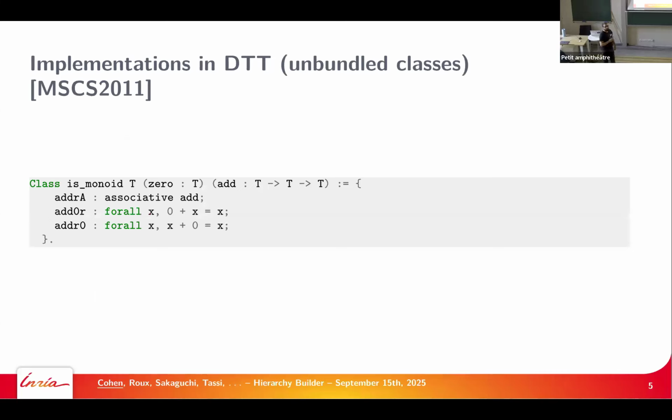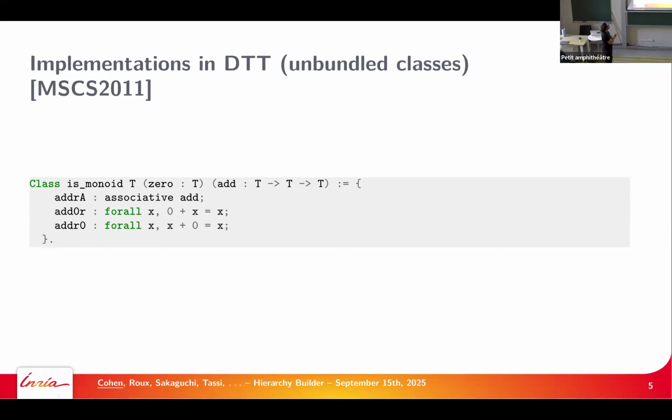Now I will present many ways one could represent this with your own hands in type theory. I use here the syntax of Rocq, but you can easily transpose to whatever dependently typed language you want. First I will present the fully unbundled class representation.